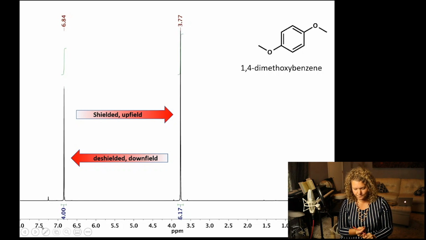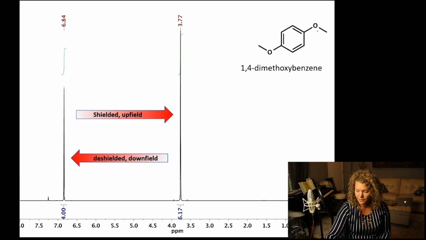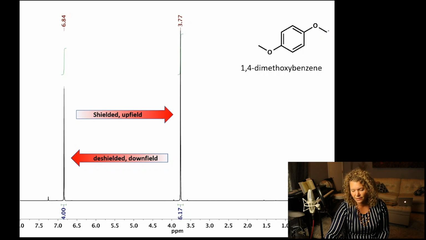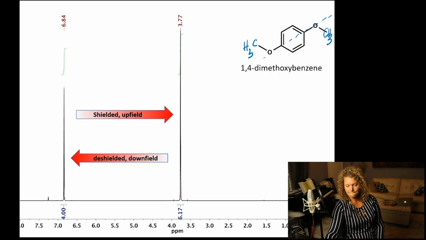1,4-dimethoxybenzene. We've seen this methoxy group in an alkyl group before, not attached to a benzene ring, but we've seen this before. Our CH3 here is equivalent to this CH3. There is a plane of symmetry. There's also a plane of symmetry this way.